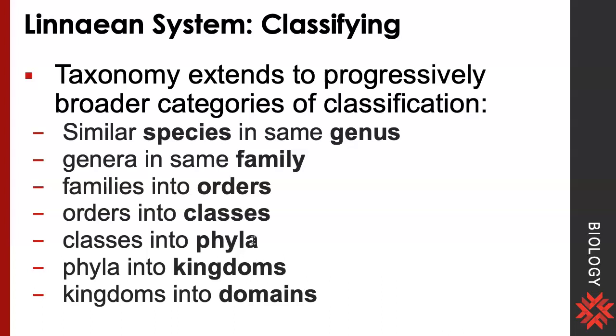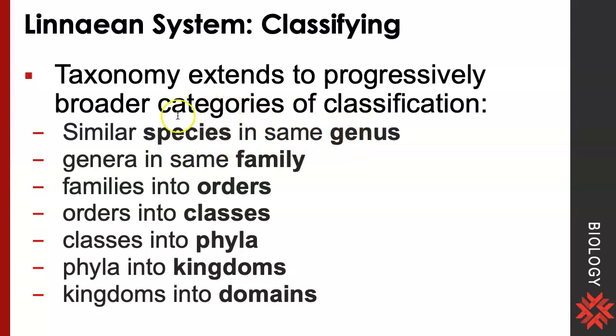If you look at each individual phylum, you will have different classes within it, which in each class, you'll have different orders. Within each order, you will have different families, and within each family, you are going to have different genera, the plural form of a genus, and then within each genus, you will have multiple species.